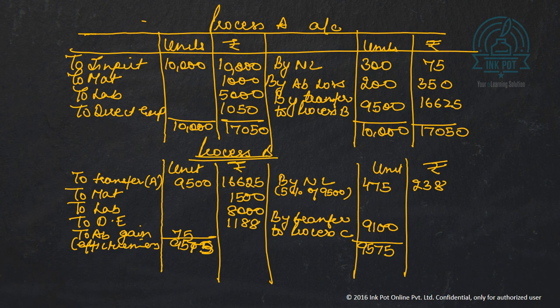The total is, let me calculate the total here. 16625 plus 1500 plus 8000 plus 1188.